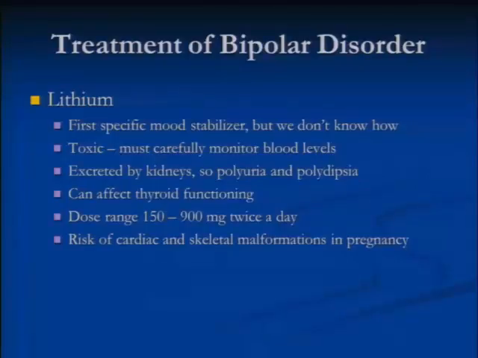Lithium is a very interesting mood stabilizer. We have no idea how it works after 70 years. It's a metal. It's just a metal. It can be toxic. It's cleared by your kidneys. So your kidneys are trying to get it out, so you're making more urine, so therefore you're peeing more.